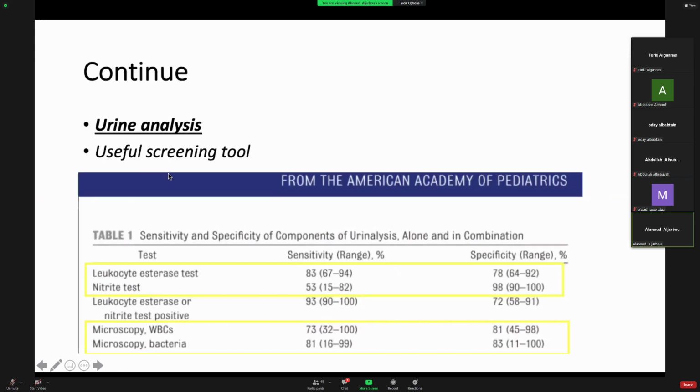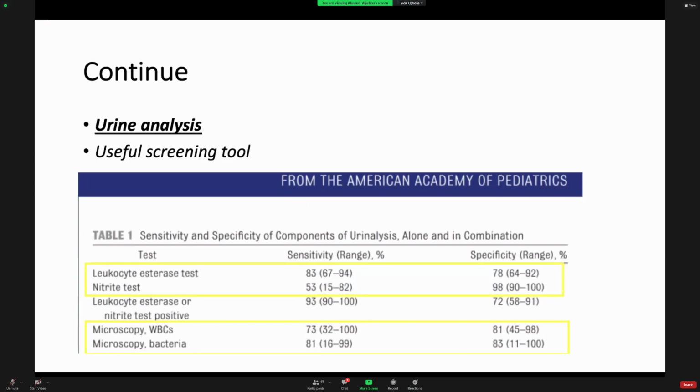Urine analysis is a very helpful screening tool, and usually in the ER we will go with urine analysis because it has a high negative predictive value. If it is negative, the patient is unlikely to have UTI. But the Saudi Pediatric ID recommends repeating the urine analysis if the first one is negative.